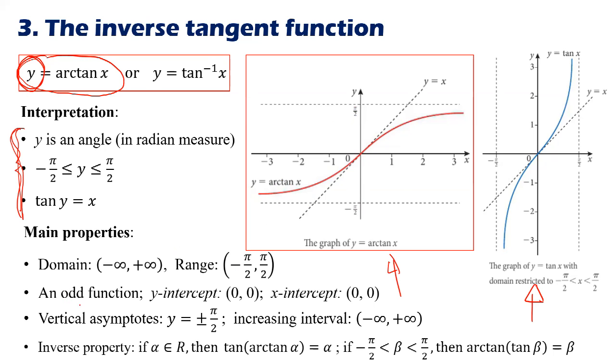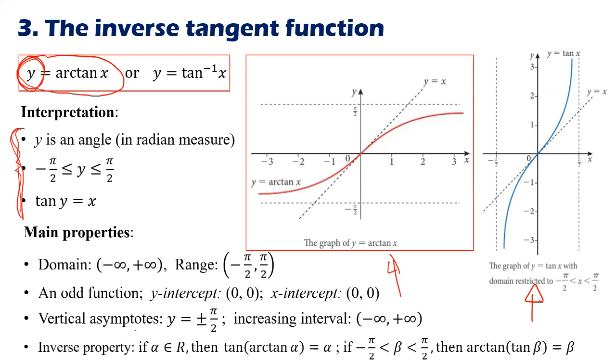Next, this is an odd function. Y-intercept is (0, 0), and x-intercept is also (0, 0). And there are two horizontal asymptotes. The first one is negative half pi, and the next one is half pi, right? And the increasing interval is from negative infinity to positive infinity. So basically, this is an increasing function on the set of real numbers.